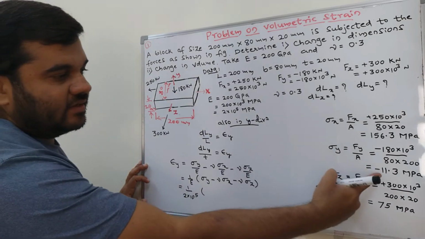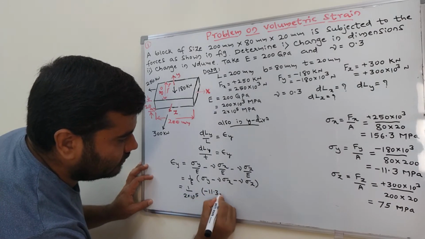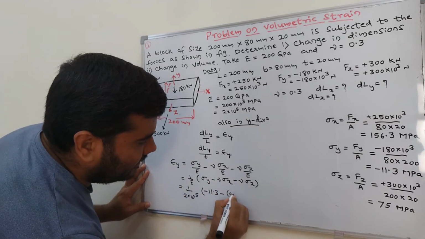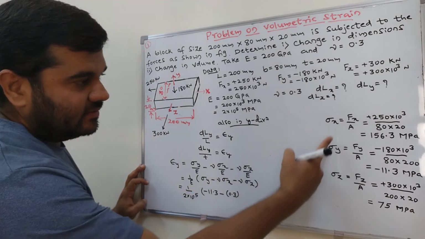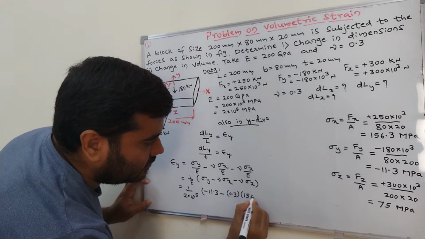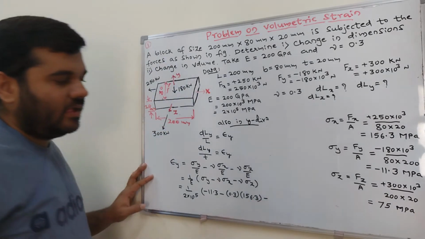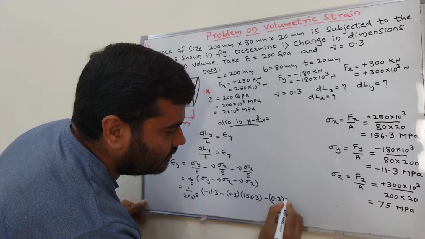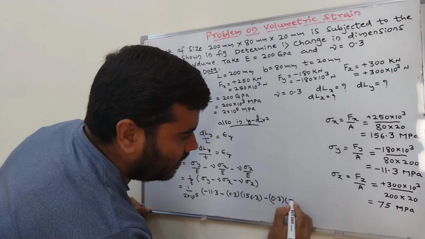Stress in y direction is minus 11.3, minus nu, Poisson's ratio 0.3, sigma x is 156.3, minus again nu is 0.3, stress in z direction is 75.